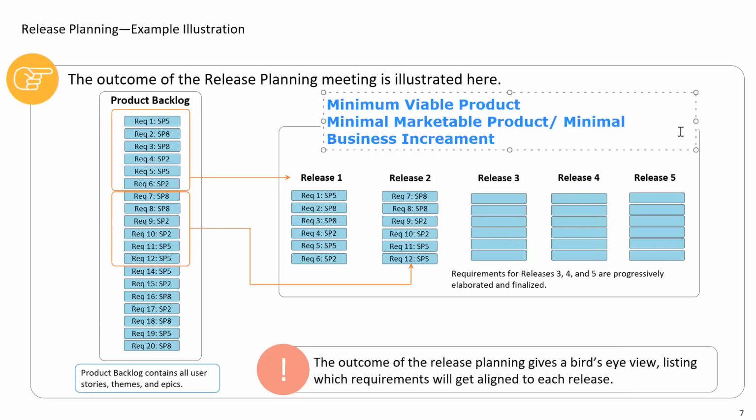When the initial versions of the products were launched in the market, was it the same as today? No. Paytm was launched with bare minimum features. So the minimum product that you launch in the market, the earliest version that is released to the market, that is the minimal marketable product.